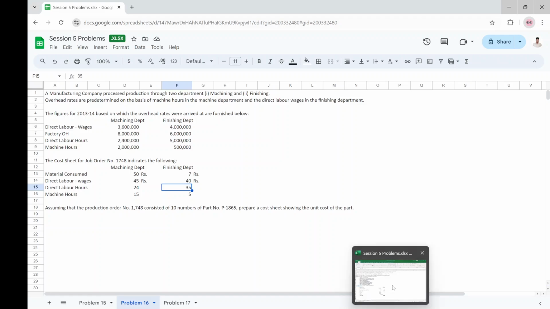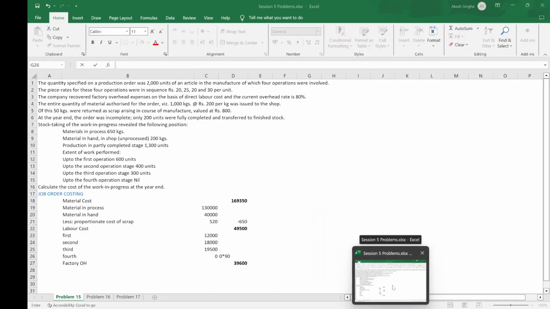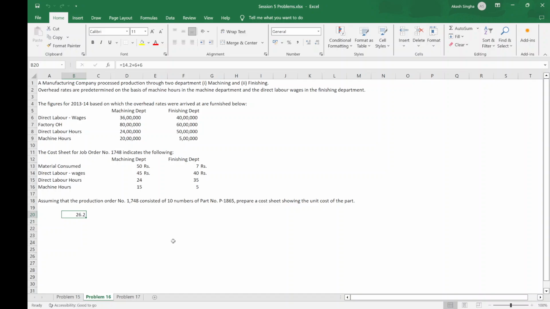Here it will be 60 and here it will be 60. Now they said from this we have created 10 units, so we need the cost of one single unit, how much it has cost.